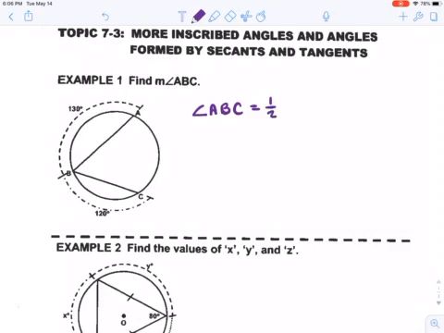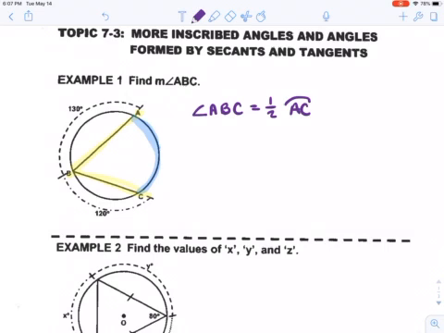So in this case, it would be arc AC. Again, here is our angle, and this is the intercepted arc. The only issue here is that we don't know what arc AC is, but we're going to find it.